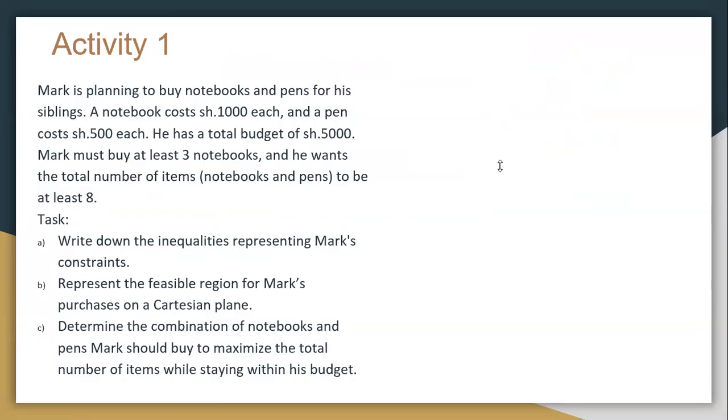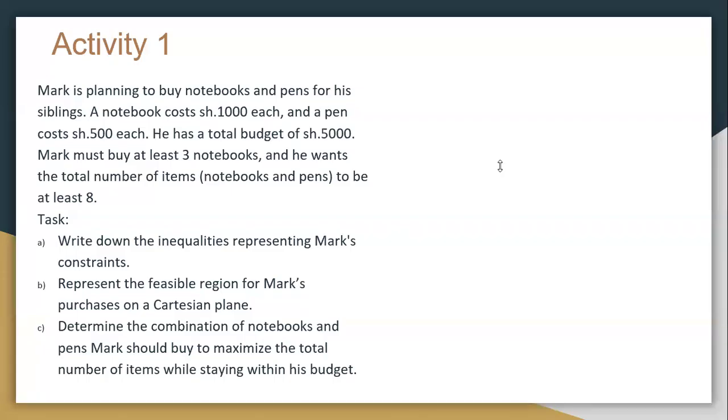So activity 1 is saying that Mark is planning to buy notebooks and pens for his siblings. A notebook costs shillings 1,000 each, and a pen costs shillings 500 each. He has a total budget of shillings 5,000. Mark must buy at least 3 notebooks, and he wants the total number of items, the notebooks and the pens, to be at least 8.